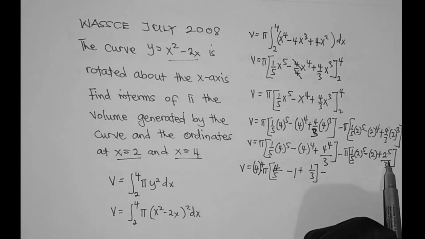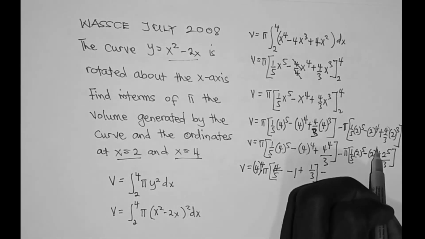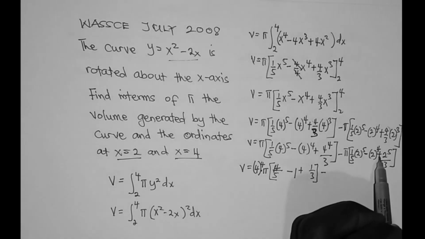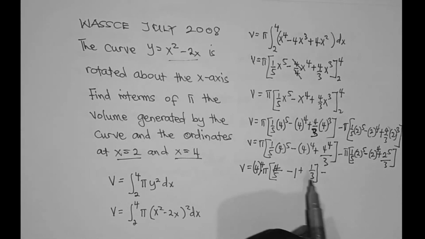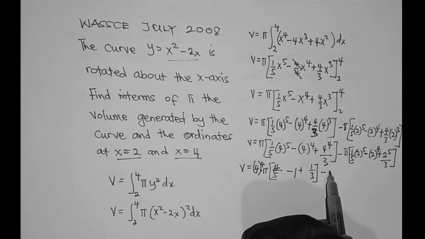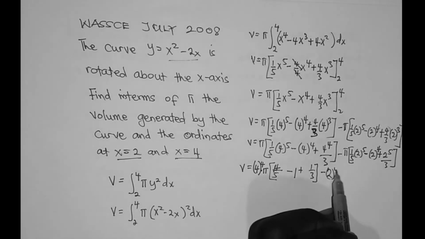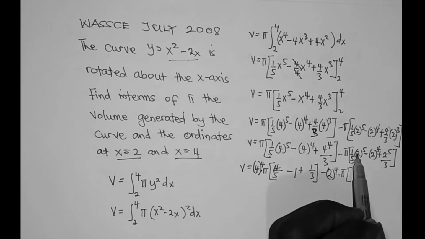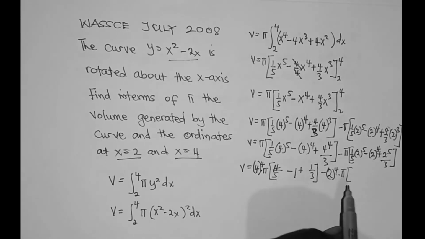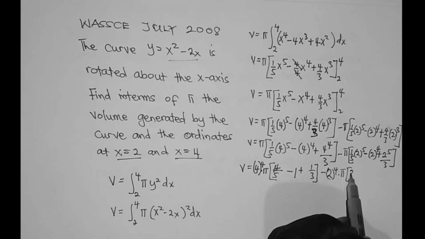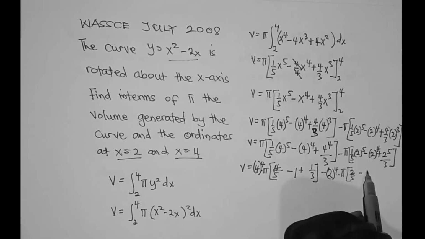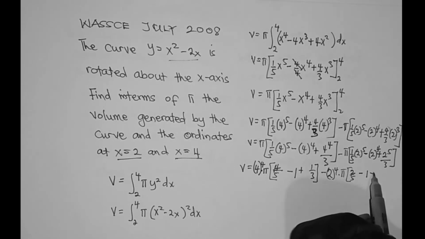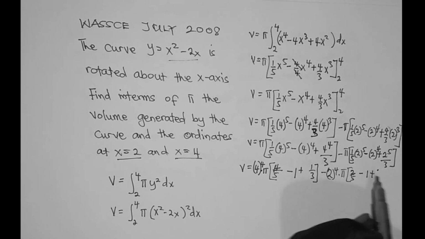We can also factorize 2 to the power 4 out of this expression. So this becomes minus 2 to the power 4 times pi into the bracket: 2 over 5 minus 1, then plus 2 divided by 3.